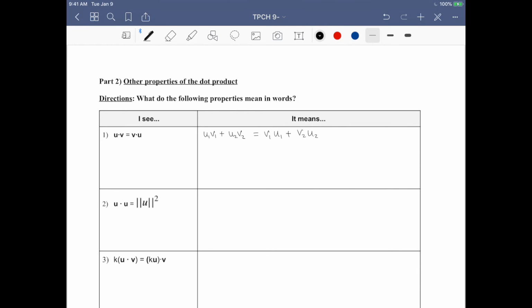Well, what do you know about multiplication of numbers? We learned the commutative property of multiplication. This means A times B equals B times A. We've learned that, and that's what we see here.